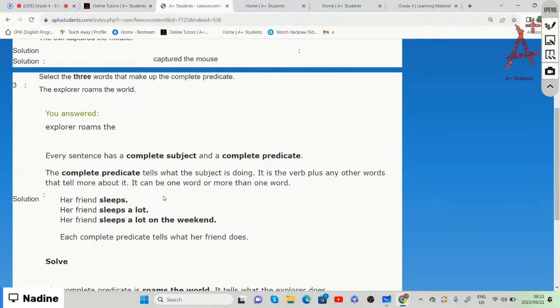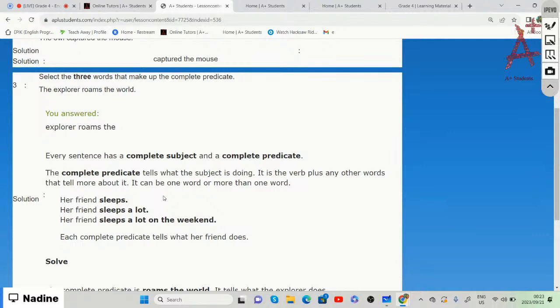And our predicate, it is the verb. And remember, we said that the verb is a doing word, it is an action, right? So it tells us what the subject is doing. So a predicate is the verb plus any other words that tell us more about it.